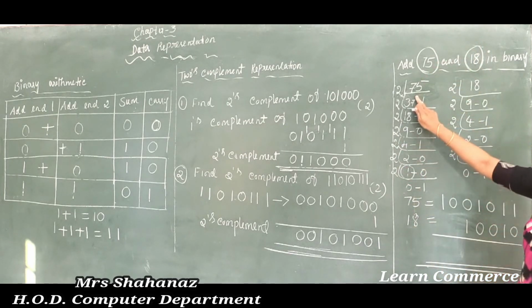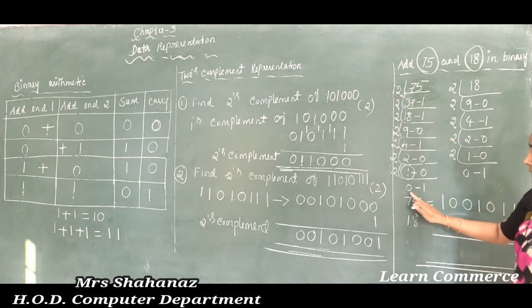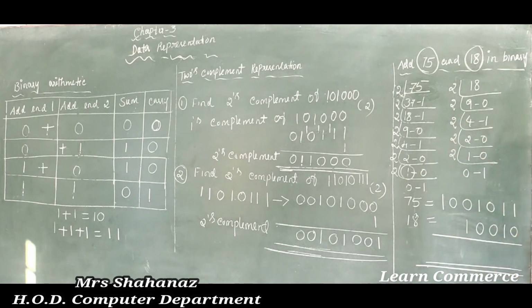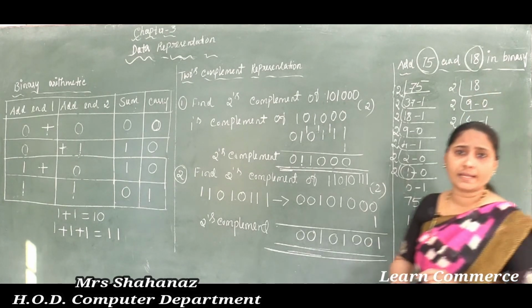So first of all I divided such number 75 by 2 until the quotient becomes 0. Okay, so now let it be, we will keep this number aside, and first of all we will divide the number 18 here. So when you divide the number 18, 2 9s are 18. Correct?